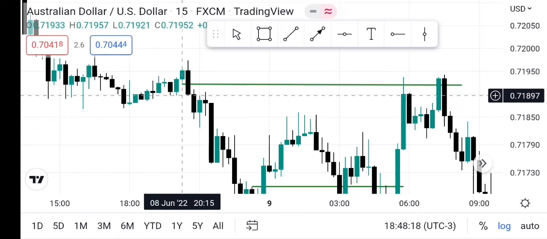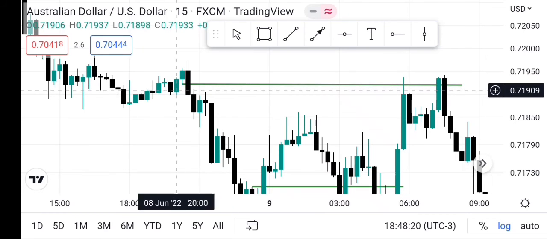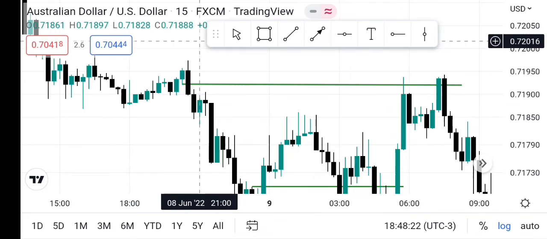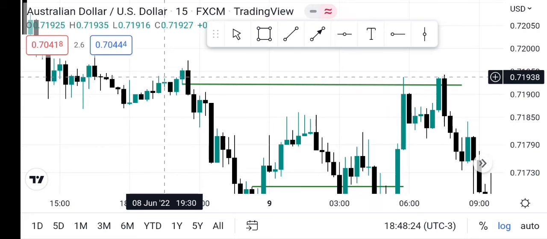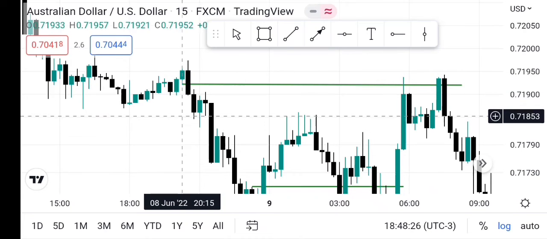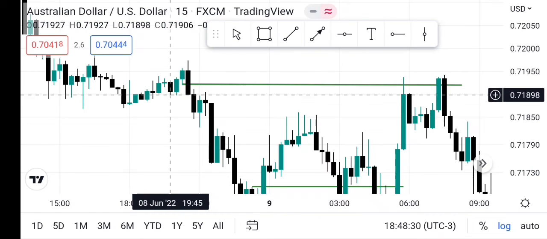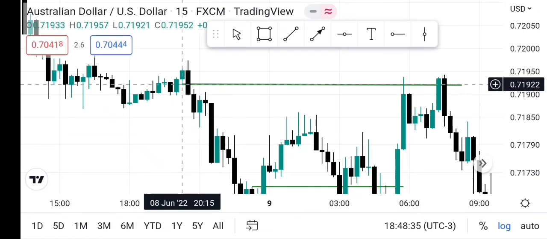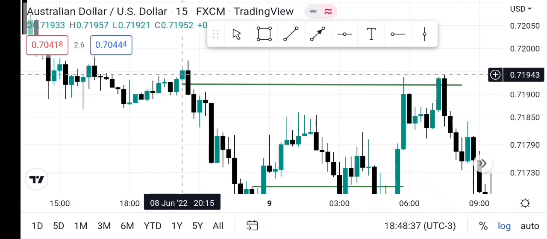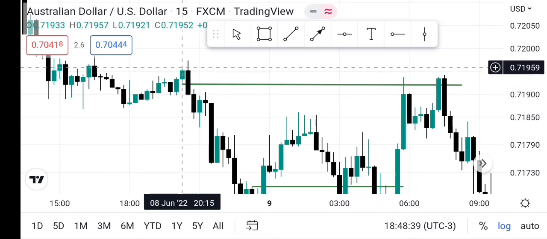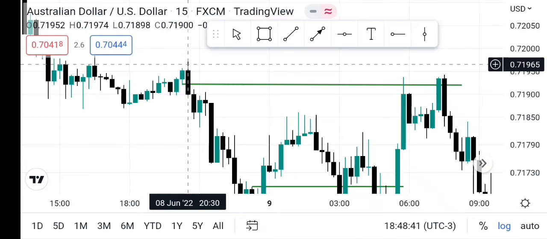Had price broken this swing low higher, we would have taken the high. But because price broke this swing low lower, we can take the low of this candle, and we can still take the low of this other candle that also makes the swing high.